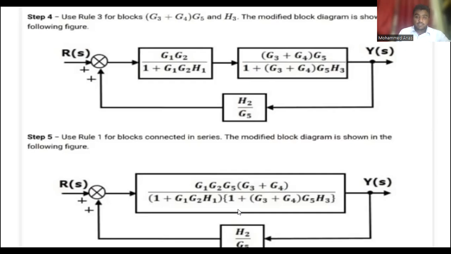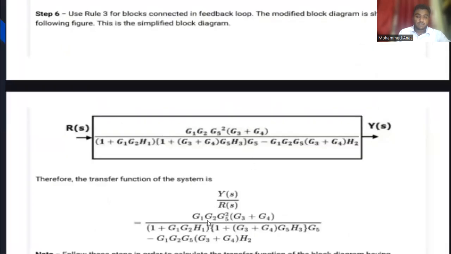After getting this form, apply the minor loop rule, which is important. After converting it into the minor loop, we get this equation.